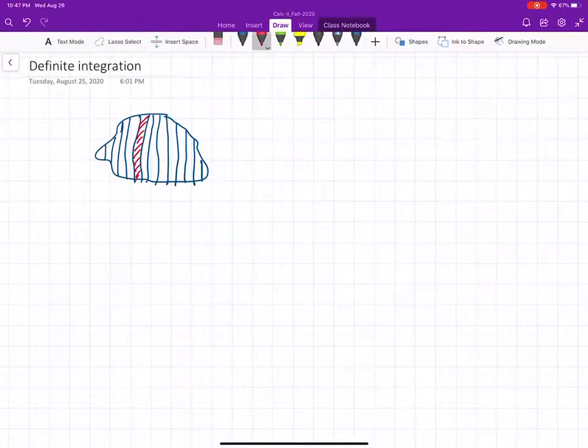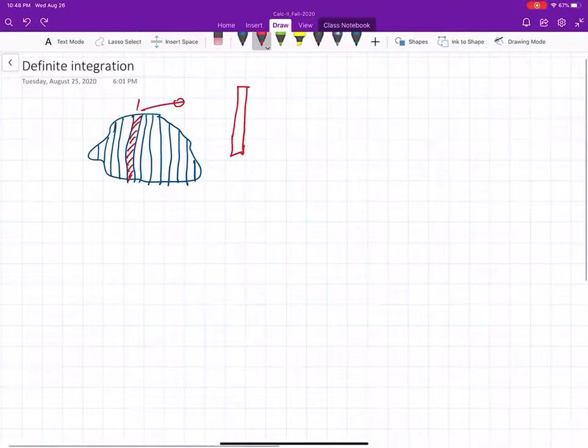Let's consider that stripe. You can consider that stripe a rectangle if you ignore the curvature at the top and at the bottom, and treat the top and bottom as straight lines.